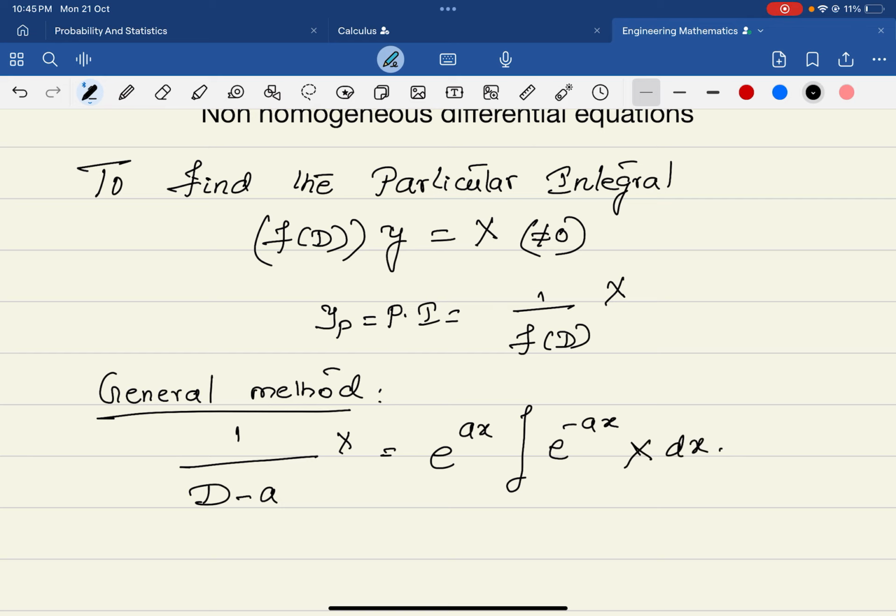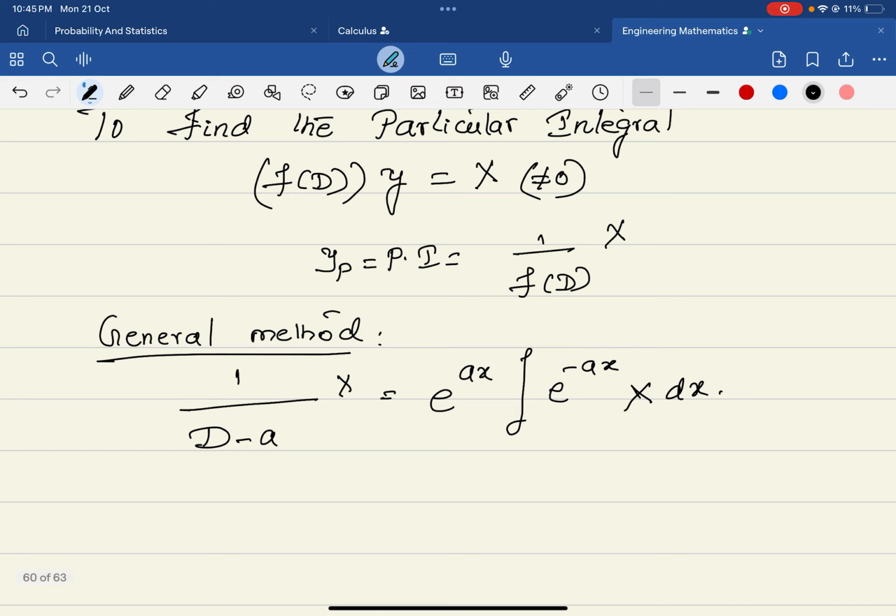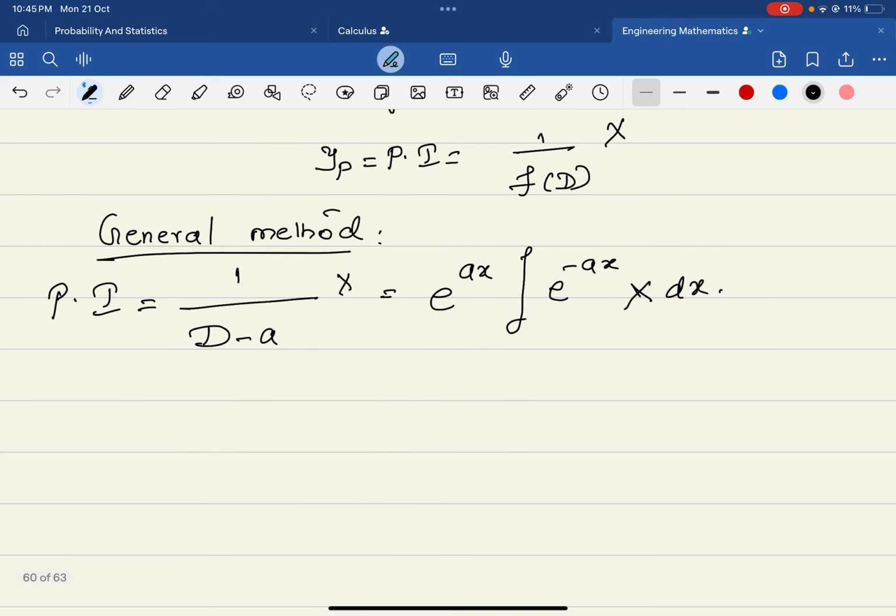This is the general method to find the particular integral 1 by D minus a times X. But there are some shortcut techniques, because it is a tedious process when solving the function this way sometimes. So then we use the shortcut methods to find the particular integral.